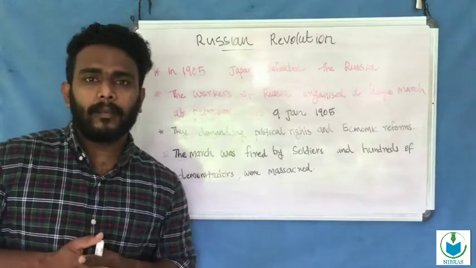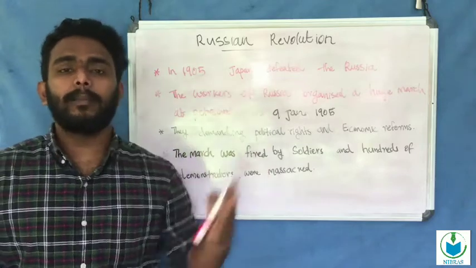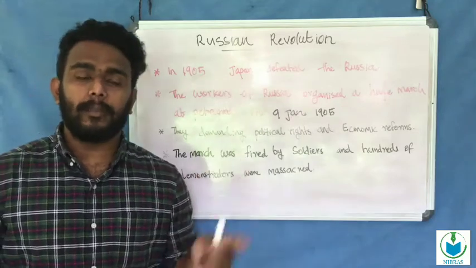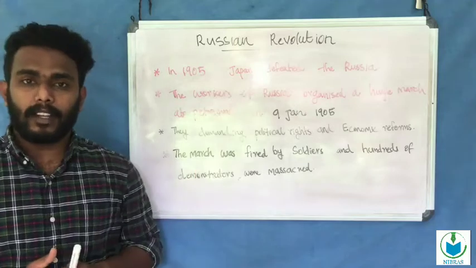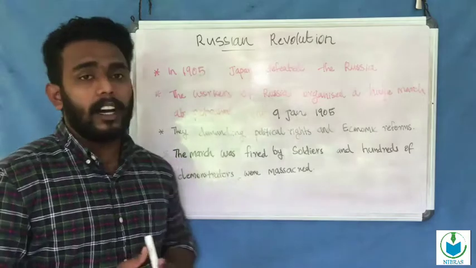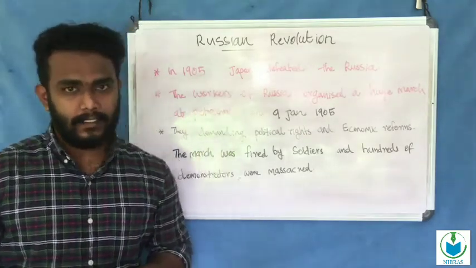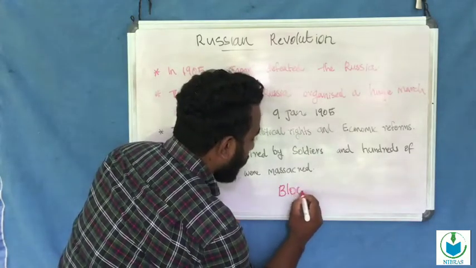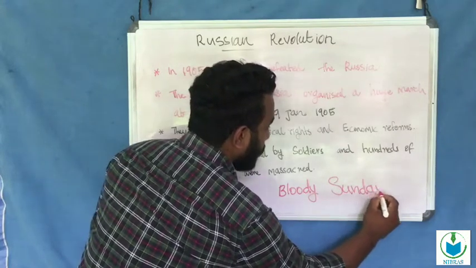In this march, the Russian soldiers fired against the marchers, and hundreds of people were killed. This was the main event, and it was called Bloody Sunday.